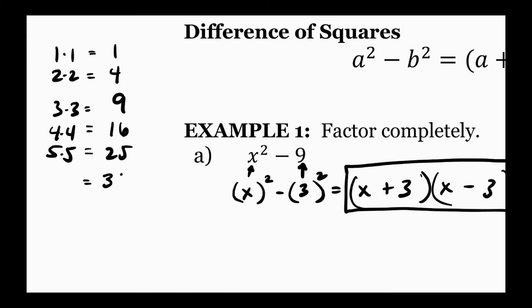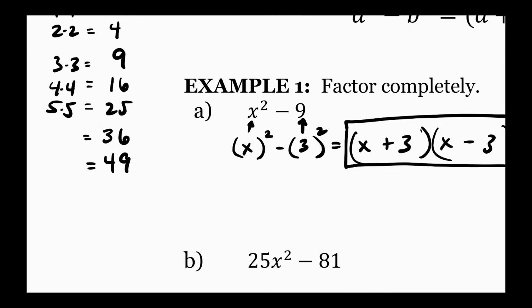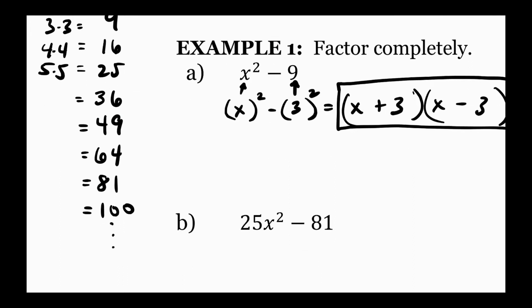Good. Keep it going. What's the next one? 10 times 10, right? And then it keeps going forever and ever. I'm going to stop right there because I don't want to write.